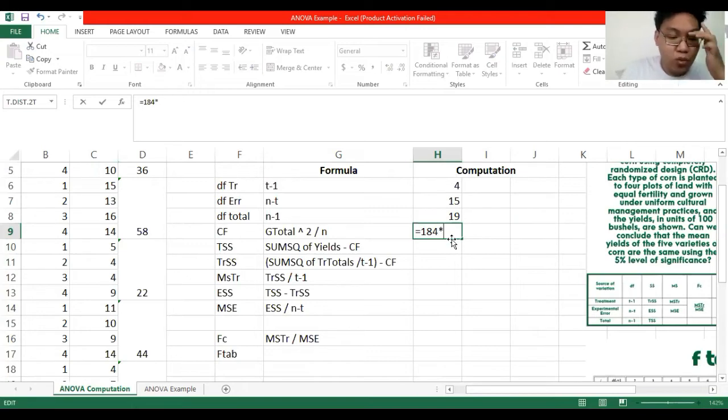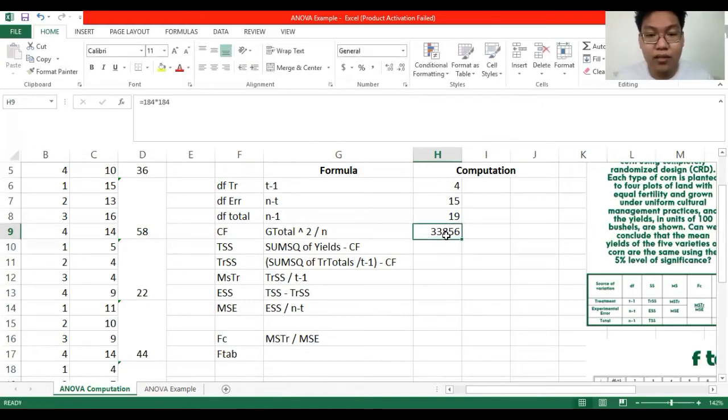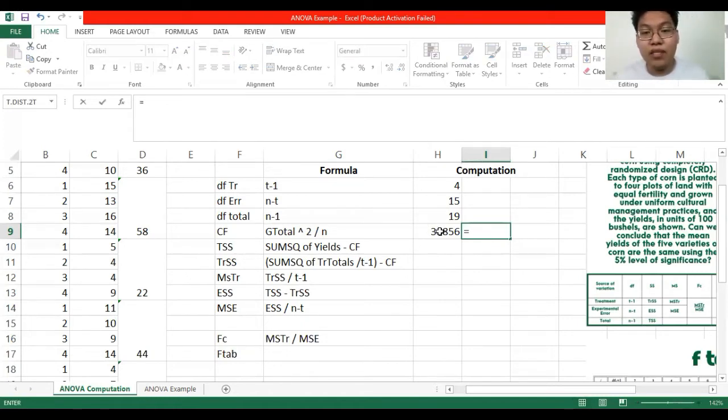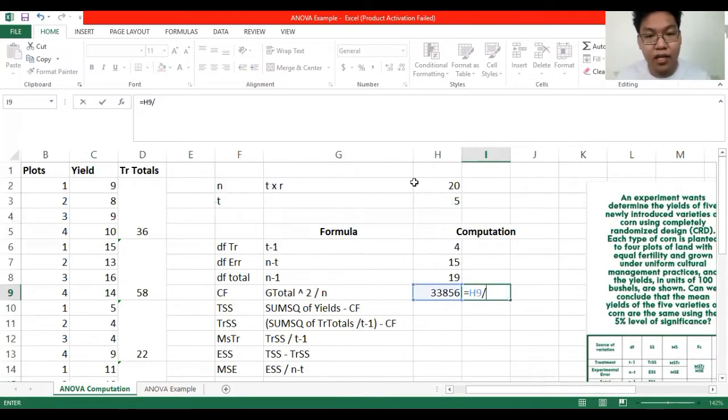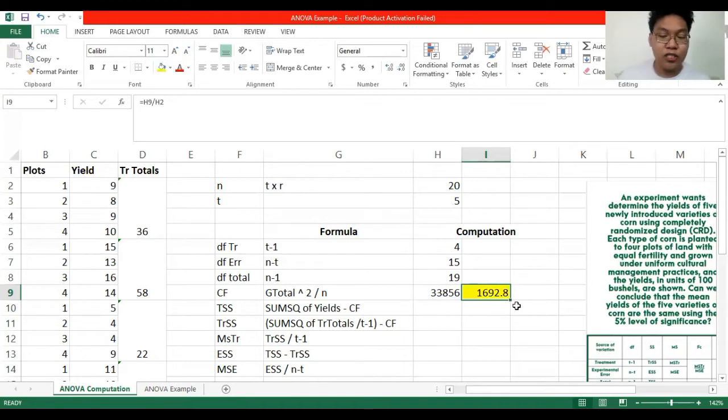Then 184 times 184, that is also equivalent to 184 squared. Then what you need to do is to divide it by n. So equal, then you can just highlight it, divided by our n value, n equals 20. We will arrive at 1692.8. So this is already our correction factor. As easy as that.